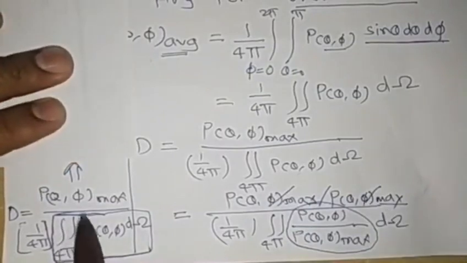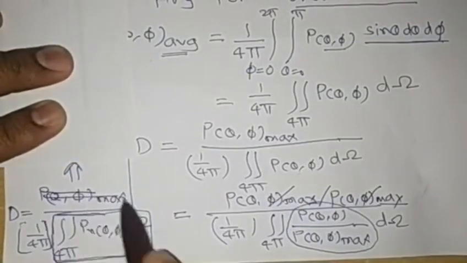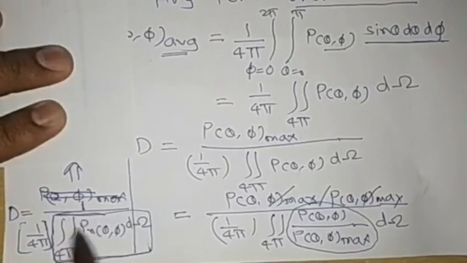So actually here in this equation, in the numerator, we don't get this term, we get 1. So the directivity equation is now 1 upon 4 pi integral over the surface of sphere of normalized power of theta comma phi d omega, and this whole term is, as I mentioned earlier, omega a.